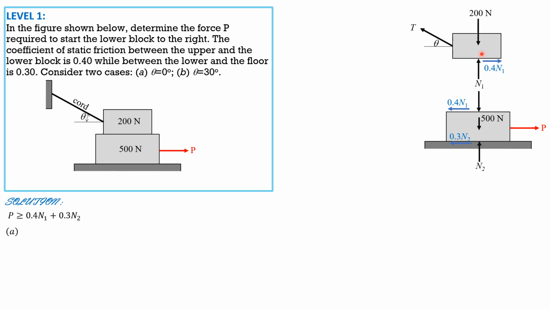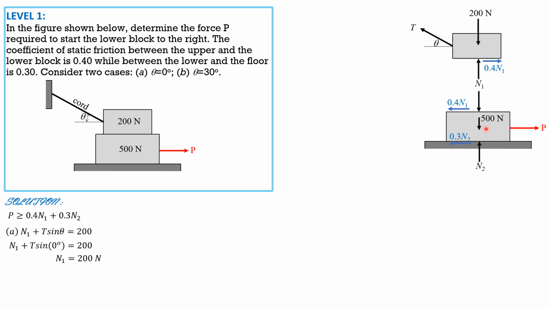So we have N1 plus T sine theta equals 200. Substitute the value of theta, which is 0. So N1 plus T sine of 0 equals 200. So N1 equals 200 newtons.